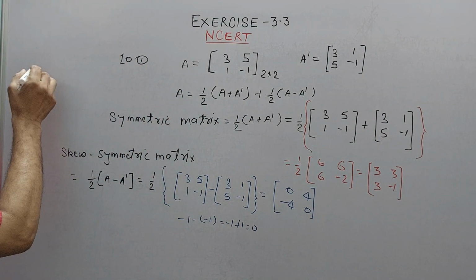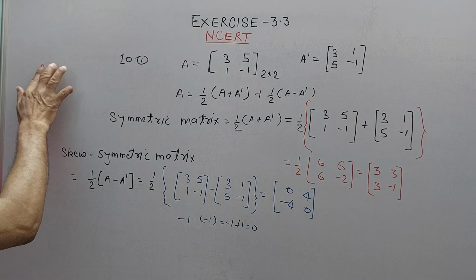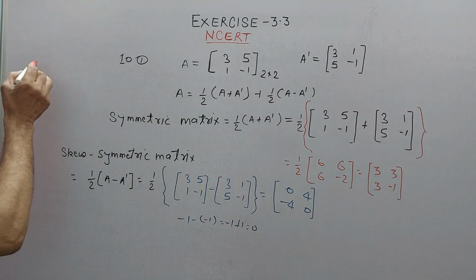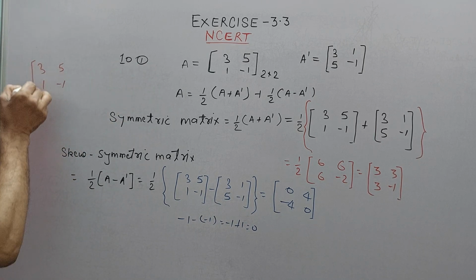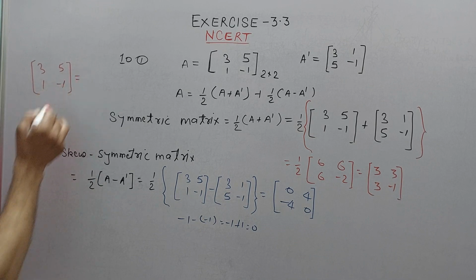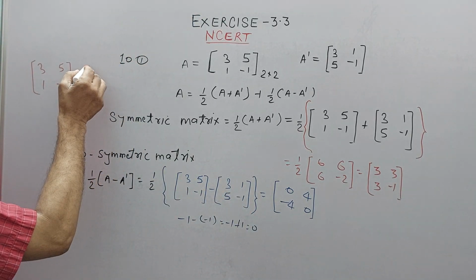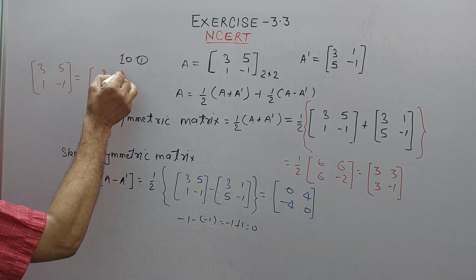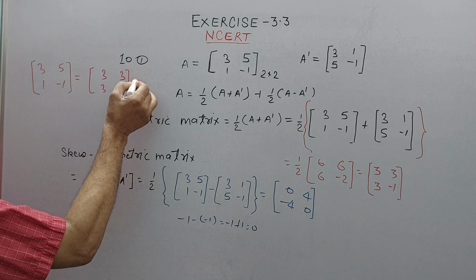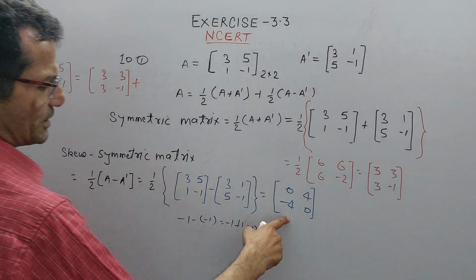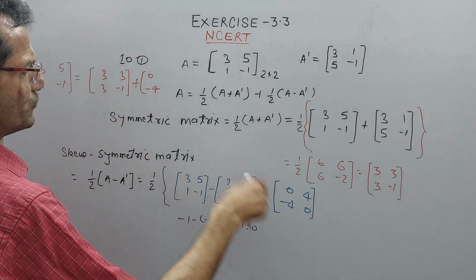Matrix A, 3 5, 1 minus 1, will be the sum of the symmetric matrix 3 3, 3 minus 1 plus the skew symmetric matrix 0 4, minus 4 0.